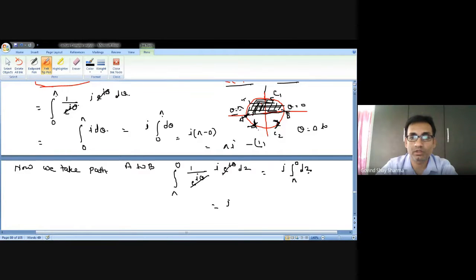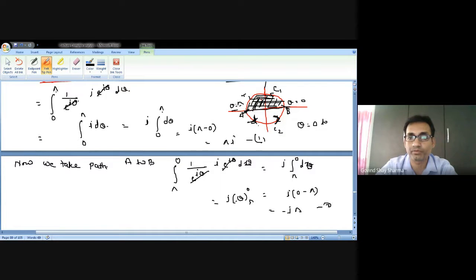Now iota, sorry, dtheta, not dz, from pi to 0. The upper limit is 0 and the lower limit is pi, so it is minus iota pi.